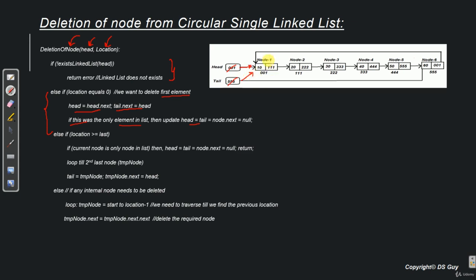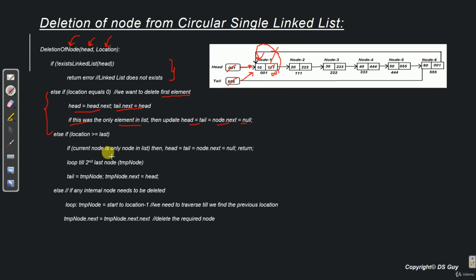And since it is a circular list, this value over here would have been 001, that is, it should be pointing to node 1 itself. So this link also needs to be destroyed. So we say node.next is equal to null. That way node 1 is not being pointed to by anything anymore, so it becomes eligible for garbage collection.